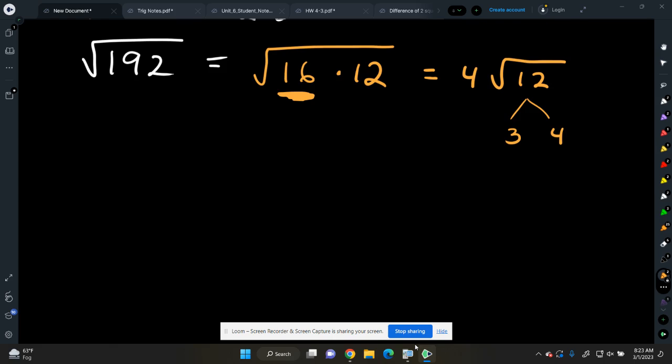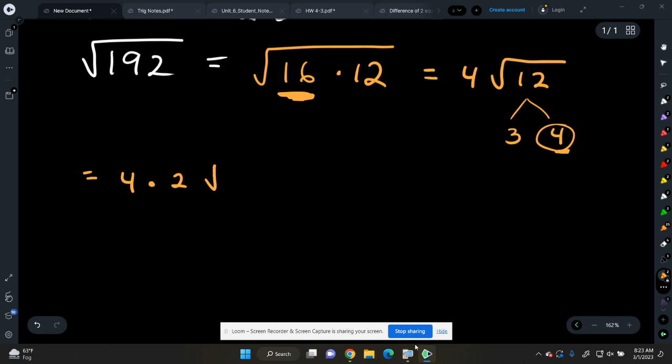Again, I could continue to factor it, but what do you notice? We know the square root of 4. So this is equal to 4 times, what's the square root of 4? 2 times the square root of 3. So we get 8 times the square root of 3.